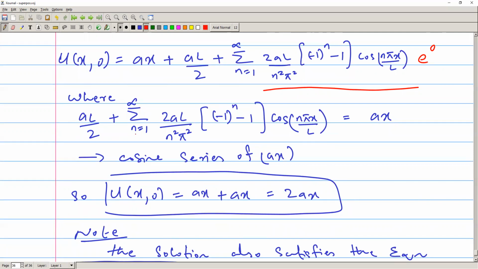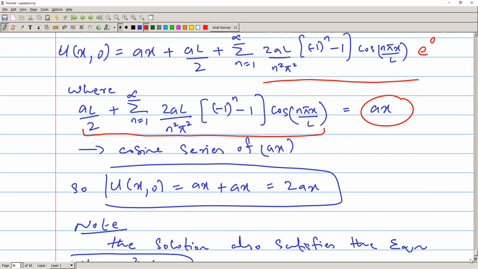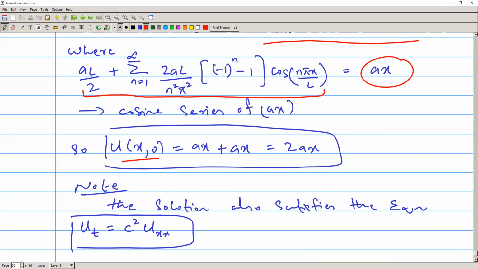And we know that this is actually equal to ax, because this is the Fourier cosine series of ax. So we can replace it, and we see that u of x comma 0 is equal to ax plus ax, which is equal to 2ax. So this condition is also satisfied, because f of x is equal to 2ax.